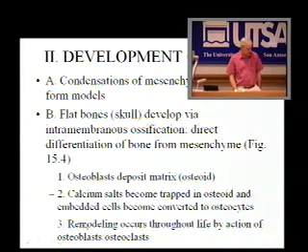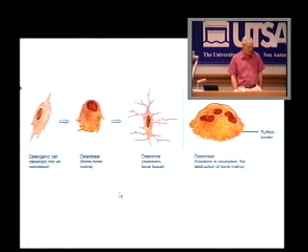There is remodeling that occurs, and this is, of course, throughout life, but also through the embryonic and fetal development, and it is by the coordinated action of the osteoblasts and the osteoclasts.